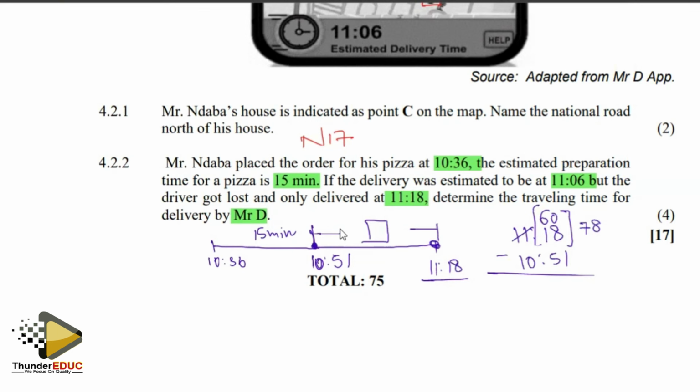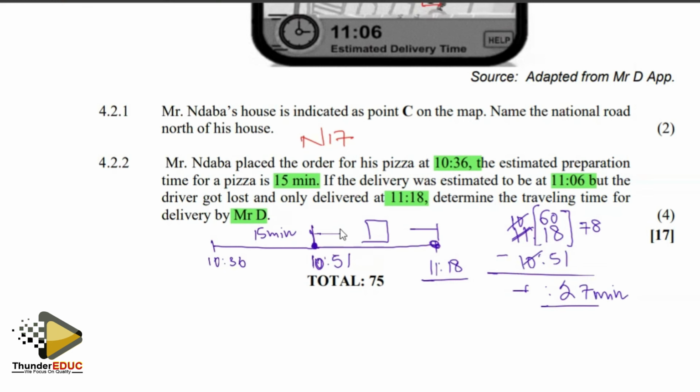Now 78 can subtract 51. 78 minus 51, you end up having 27. Definitely here, if you borrow 1 hour from 11, you remain with the 10. 10 minus 10, you get nothing. So how long was it? 27 minutes. Now they are saying determine the traveling time for the delivery man.